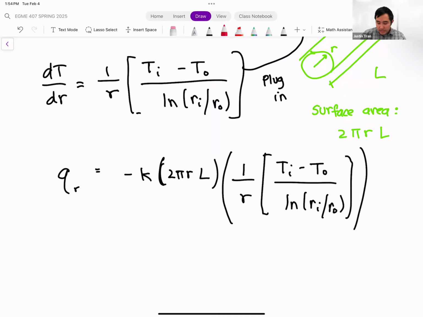All right, so first thing we see is that we have an r in the numerator coming from 2 pi rL. We have an r in the denominator that's coming from the derivative. So I'm just going to go ahead and cancel these two out.